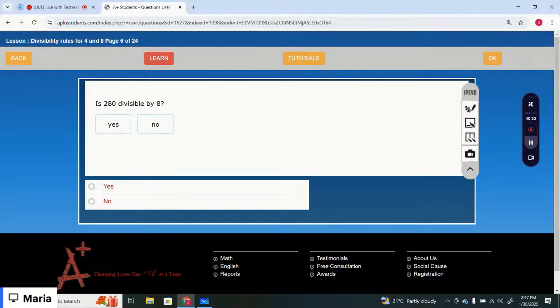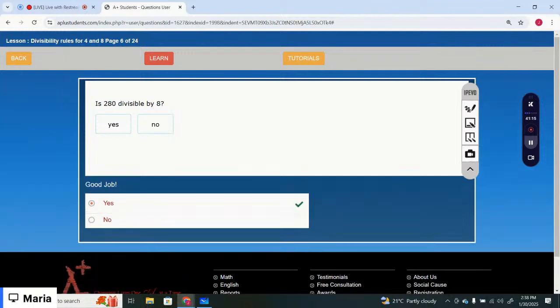Is 280 divisible by 8? Yes, it is. 280 is divisible by 8.